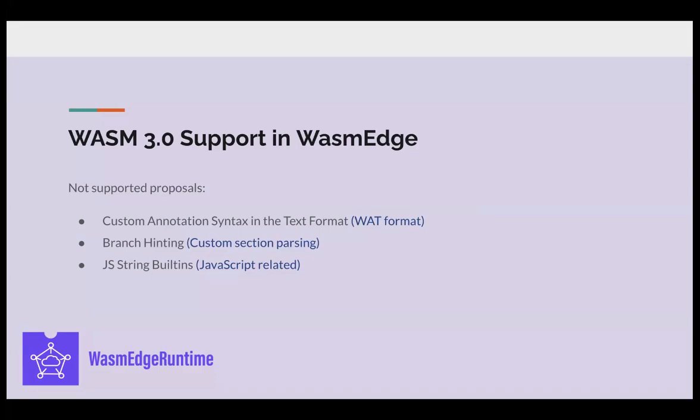Branch hinting is a proposal about branch hints in a custom section, and we don't parse the custom section now, so we didn't implement it. And JS string builtins are at the JavaScript level, so in WasmEdge we won't support that. So we don't support these proposals in WasmEdge.